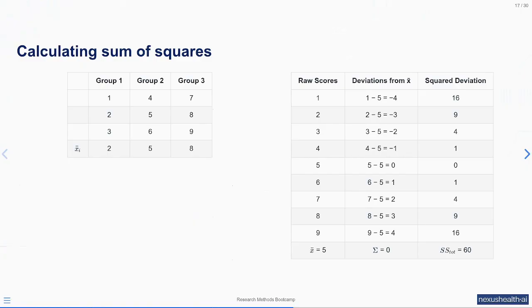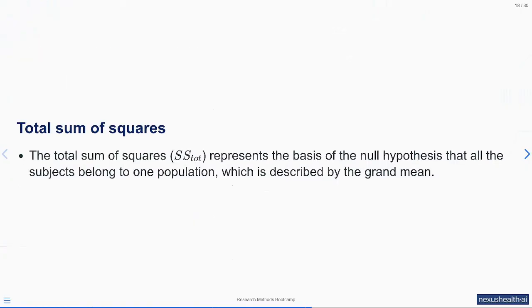And by the time we sum up the squared deviations, we have a total sum of squares equal to 60. And so this is the total sum of squares. The total sum of squares represents the basis of the null hypothesis that all the subjects belong to one population, which is described by the grand mean.